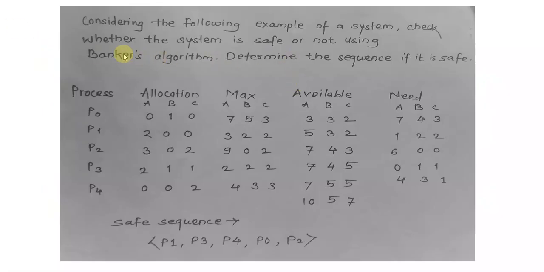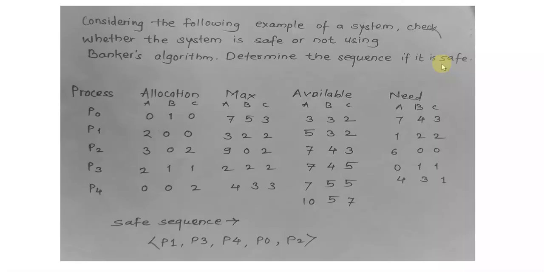Now we will solve one example to easily understand the concept of Banker's algorithm. Consider the following example of a system: check whether the system is safe or not using Banker's algorithm, and determine the sequence if it is safe.